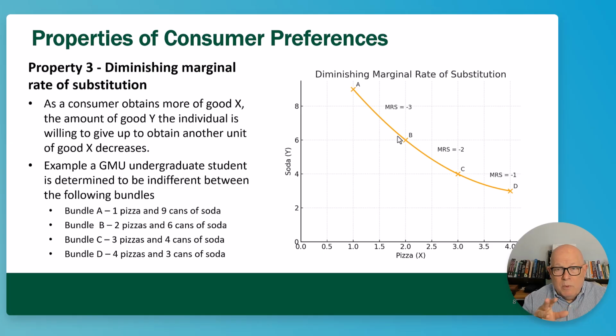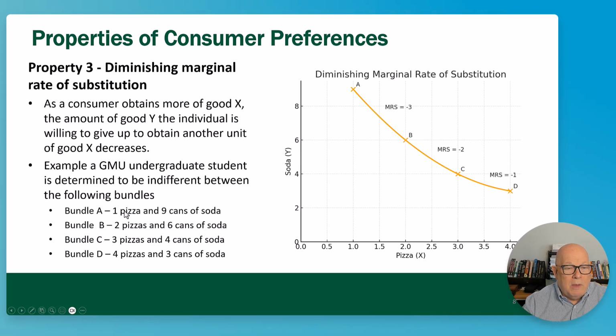We also assume, and we're going to use the same graph here, that there's a diminishing marginal rate of substitution. So what that means is, assuming they're indifferent between these 4 bundles, A through D, as they move from, say, bundle A to bundle B, you'll notice that they're getting 1 more pizza in the bundle, and they're giving up 3 cans of soda.